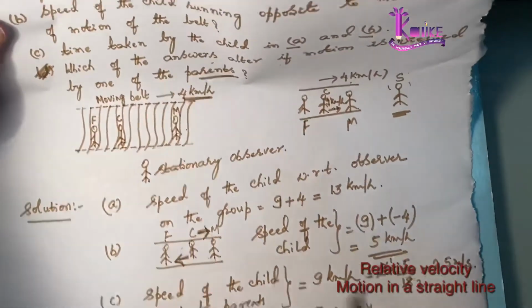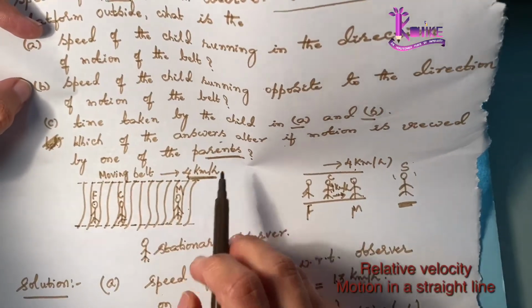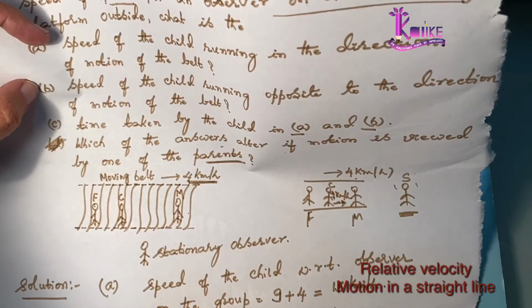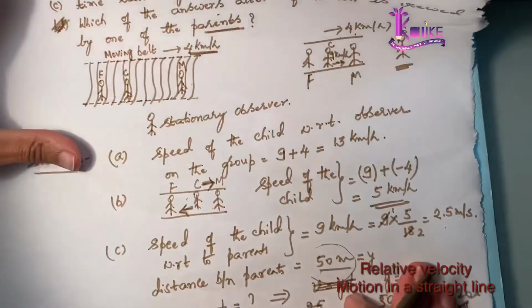Now, which of these answers will alter if it is viewed by one of the parents? See, none of the answers will alter. It would still remain t equal to 20 seconds, right?